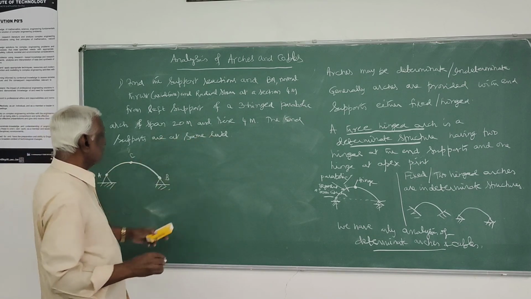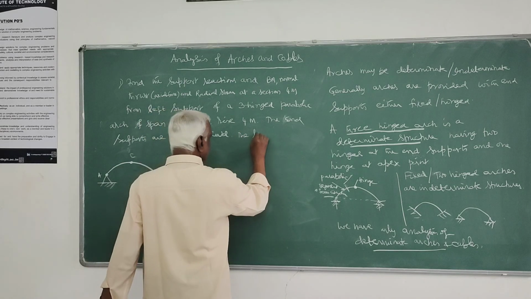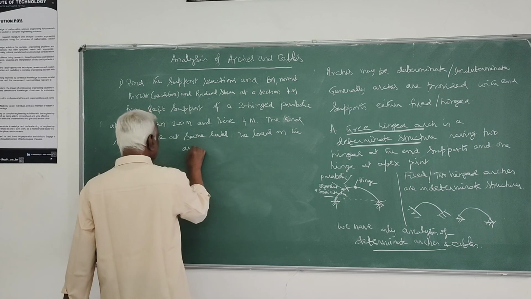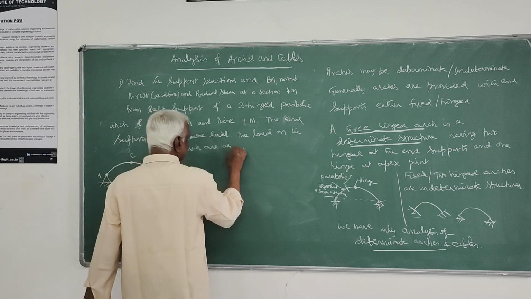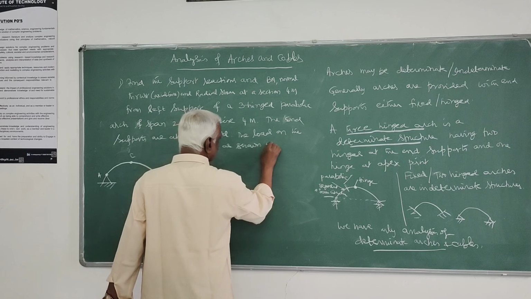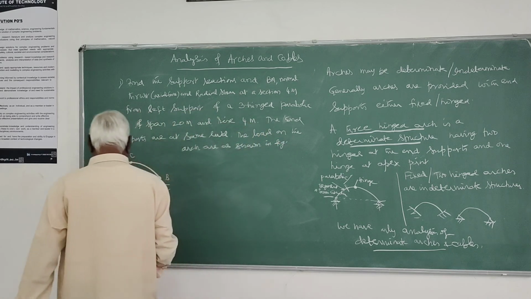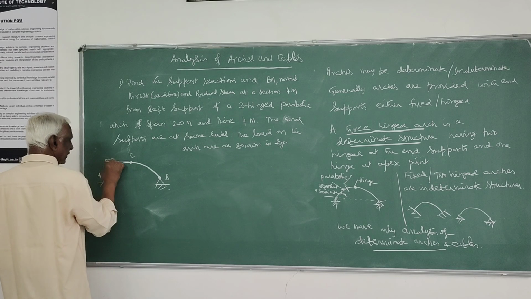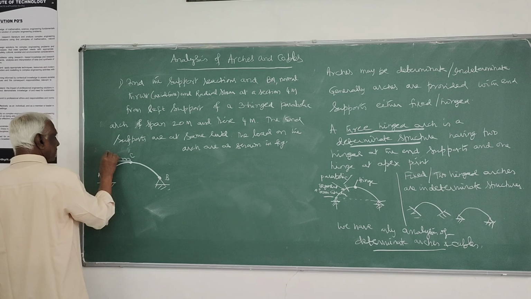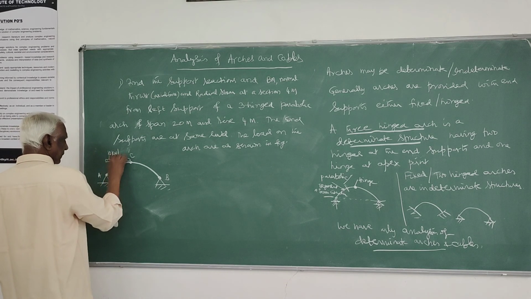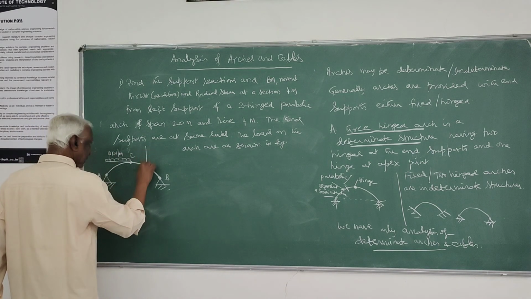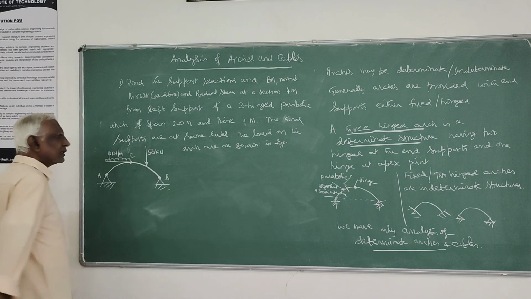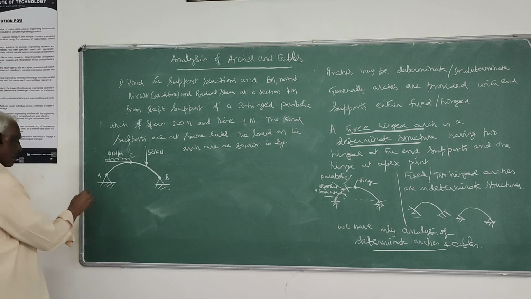The end supports are at same level. The load on the arch is as shown in figure. So you can take the load on this arch, both a UDL of say 10 kilonewton per meter, and another concentrated load of 50 kilonewton. So these are the loading.